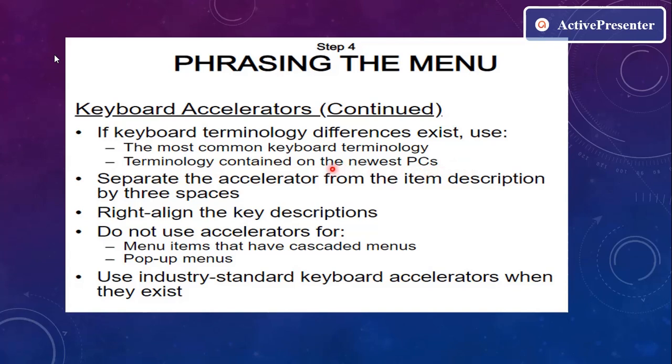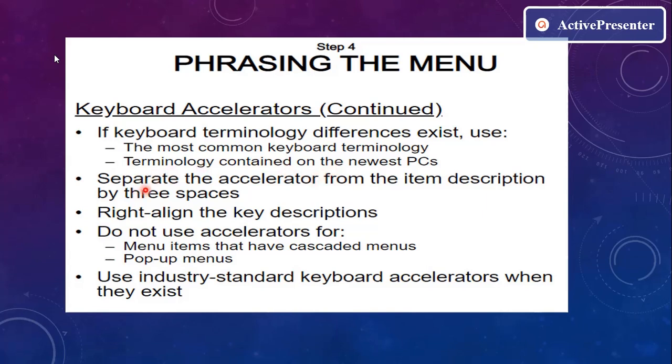So you may be thinking which terminologies we have to use for a particular choice description. You have to use the most commonly used keyboard terminologies. We use Control C like this. Alt also can be used in combination with other letters. So that is a common way to describe the particular accelerator.